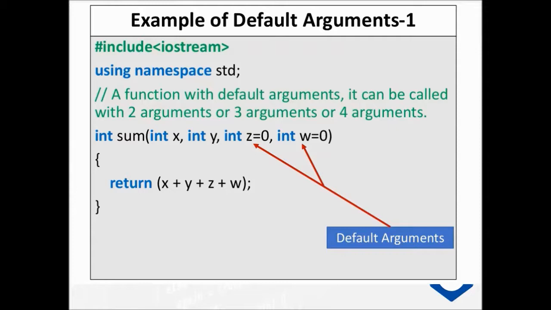The last two parameters are used as default arguments, where int z is equal to 0 and w is equal to 0. So this function can be called with 2, 3 or 4 arguments, and the function returns x plus y plus z plus w to the main program.